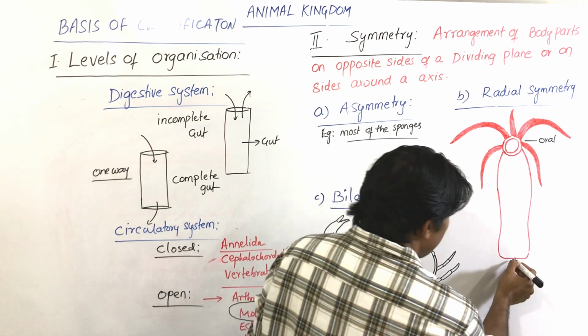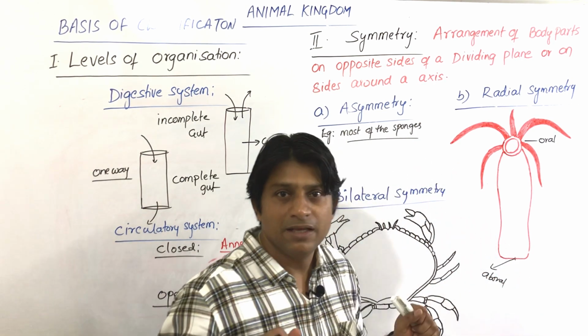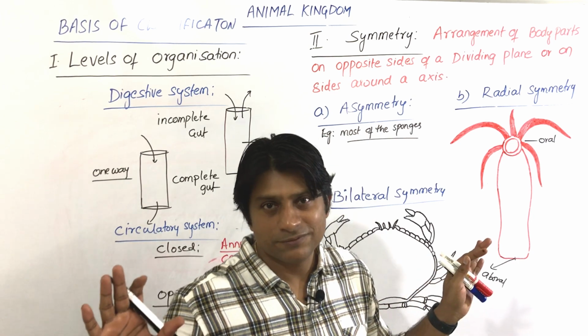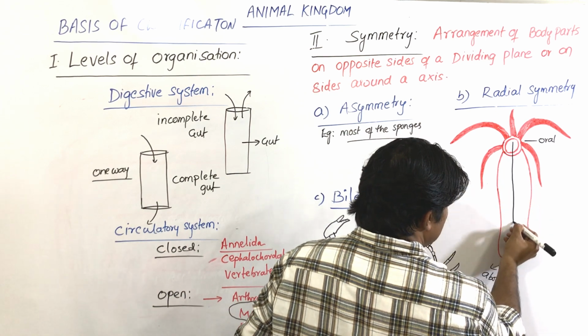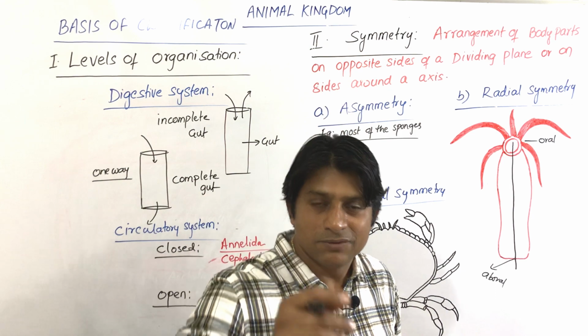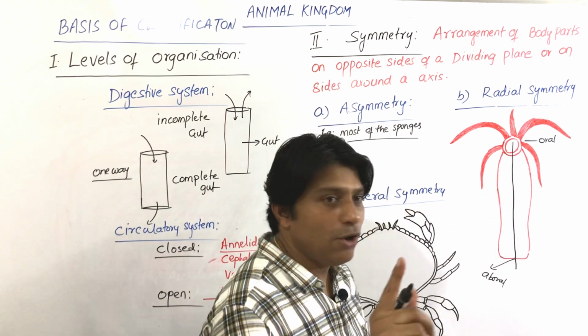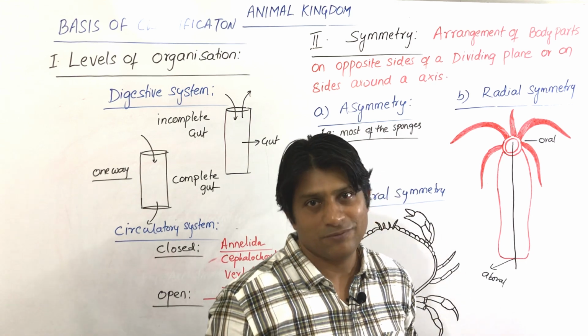And the opposite end is called the aboral end. That's it. They have oral and aboral ends. Now, this is the dividing axis of the body, which passes from oral to aboral. All the body organs are arranged around this oro-aboral axis.